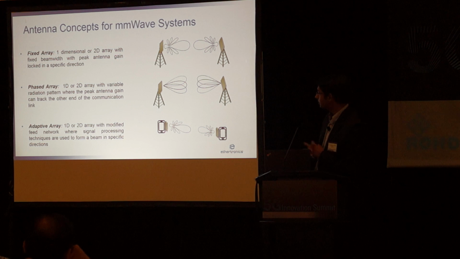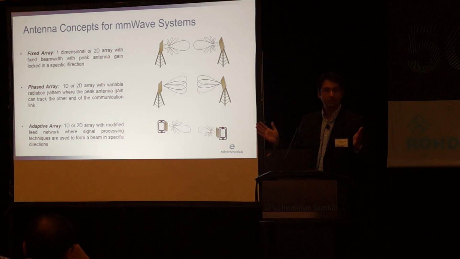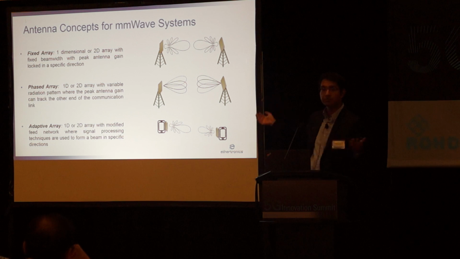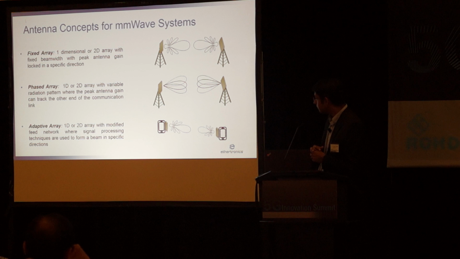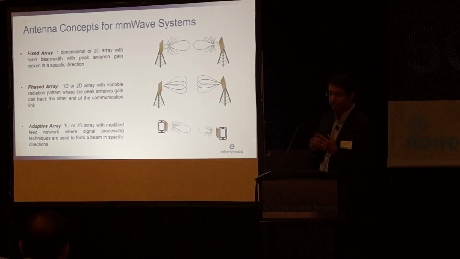You have a fixed beamwidth, typically a high gain antenna pattern. In this particular case, it can be used for fixed applications wherein you don't expect any type of attenuation or reflections to the signal. The transmitter points towards the receiver and you have line of sight communication. Phased array, which could be considered a 1D or 2D array again.